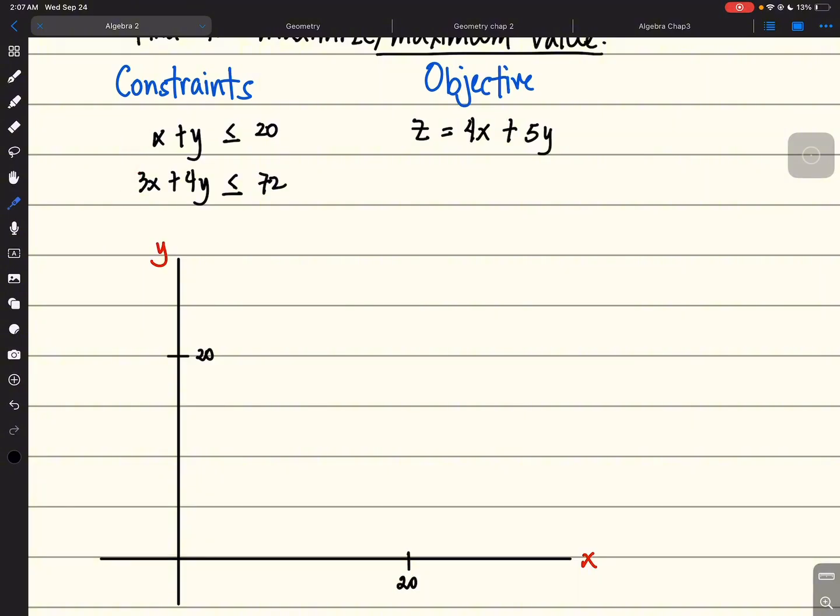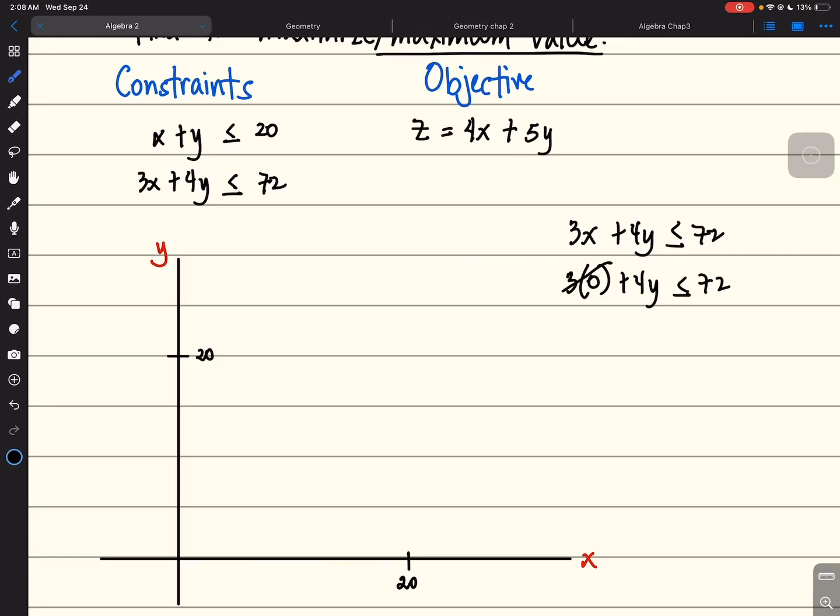Still the same process, substitution: substitute the value of x as 0 so that we can get the value of y. So let's rewrite first: 3x plus 4y less than or equal to 72, with x as 0, so 3 times 0 plus 4y less than or equal to 72. And we all know any number multiplied by 0 is automatically 0.